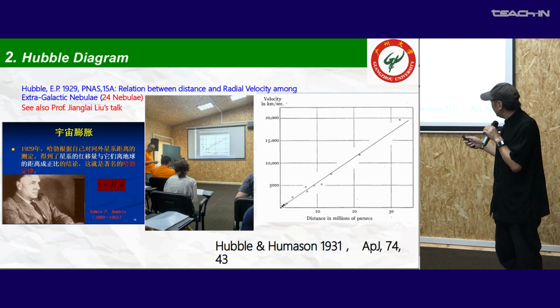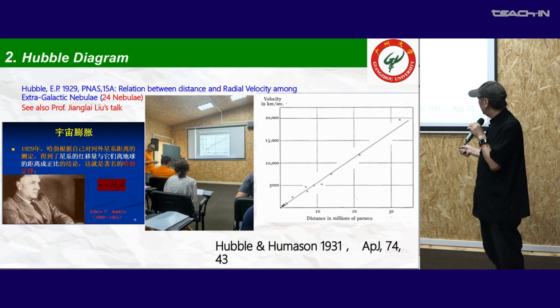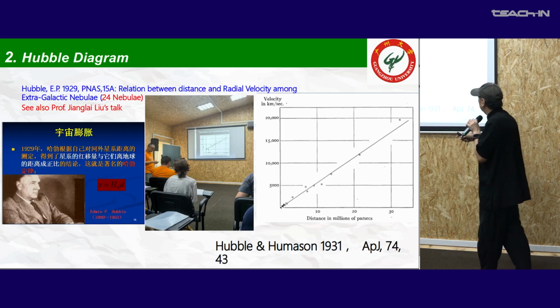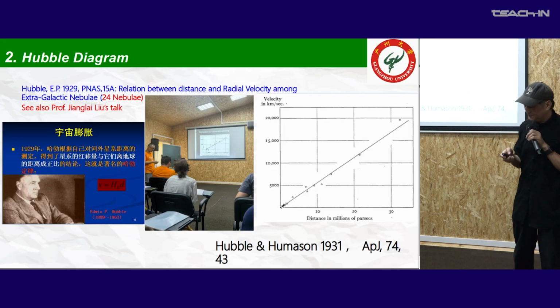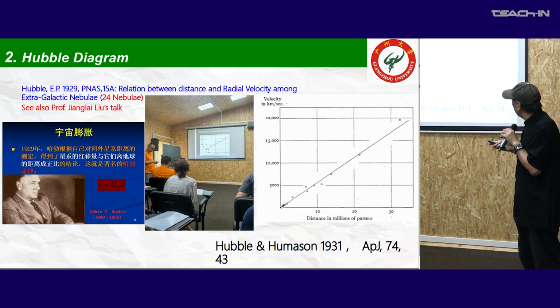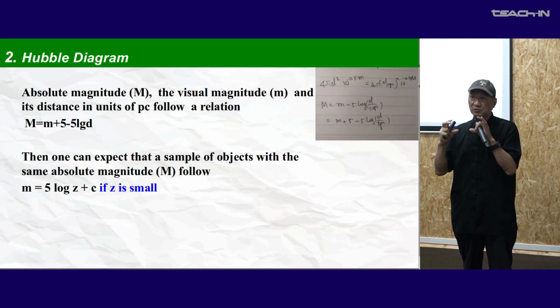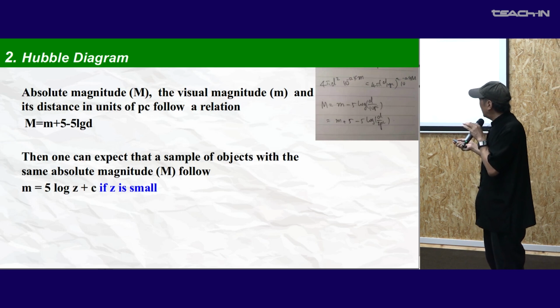Afterwards, in 1931, Hubble and his coworker got more sources and obtained this very nice correlation. We call it the Hubble relation. If we take a sample that has the same absolute magnitude, the visual magnitude is associated with the distance.